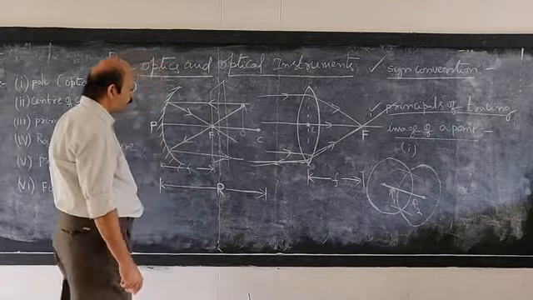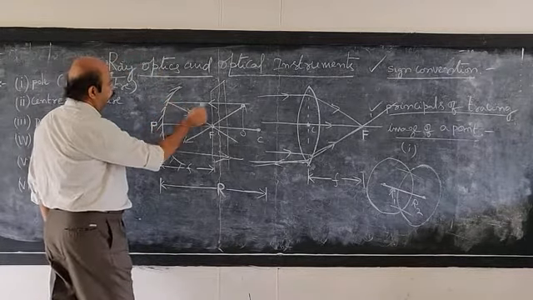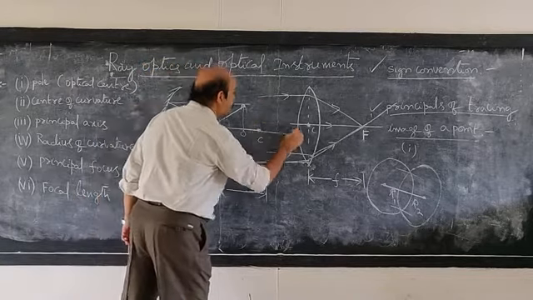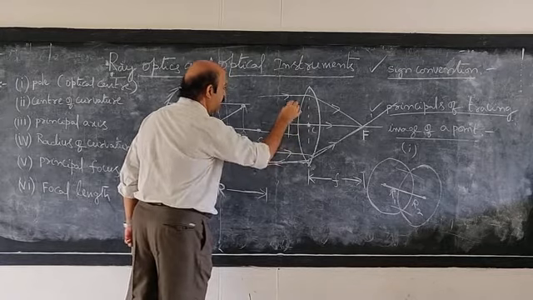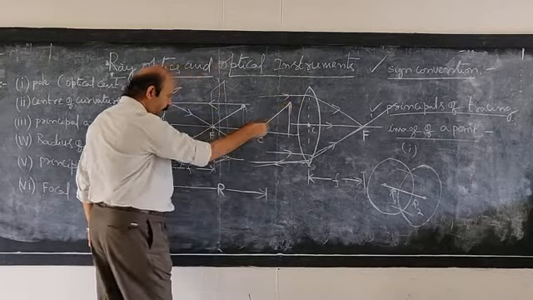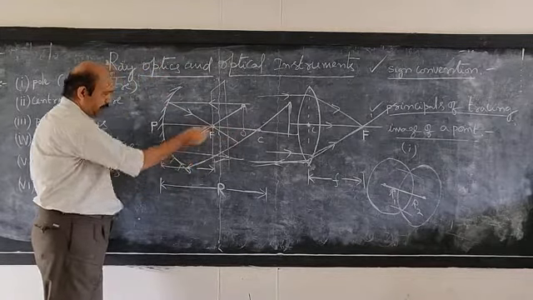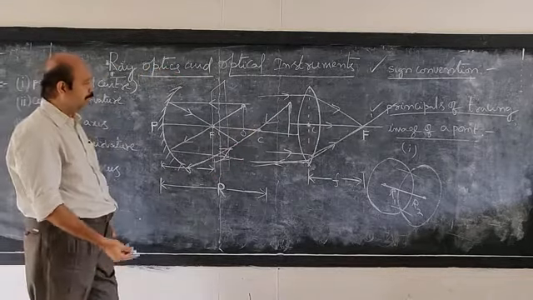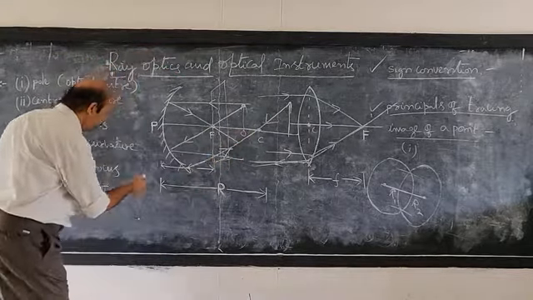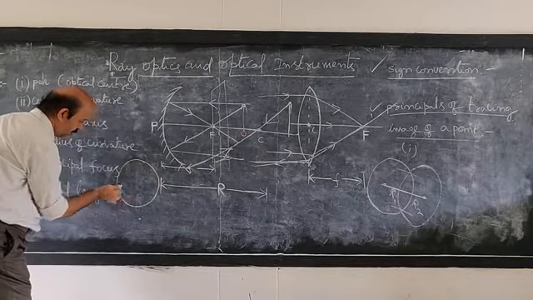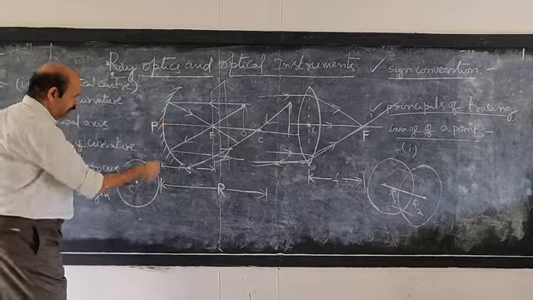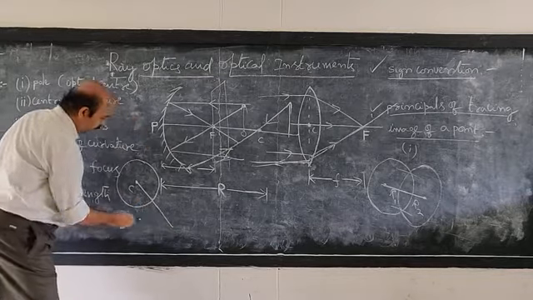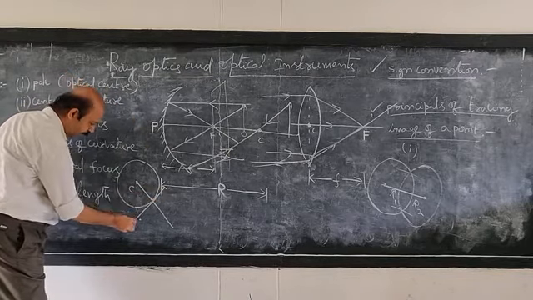Okay. Another rule is any ray, let us suppose here is the object. A ray coming from the point, if it passes through the center of curvature, it will pass through the same point after reflection, because the center of curvature is nothing but, let us suppose this is a circle, so this is the center of curvature, and here is this point.